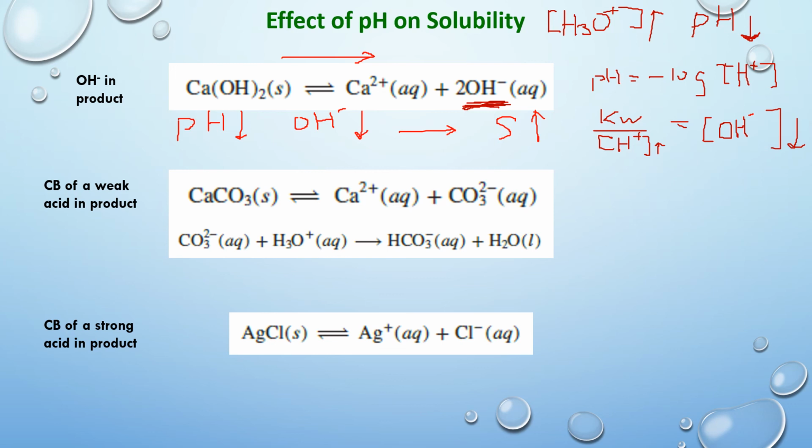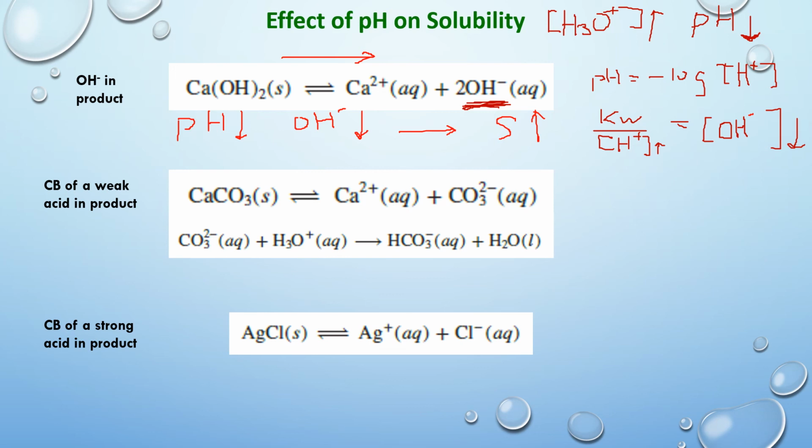For the second example, a metal bound to the conjugate base of a weak acid. For an ionic compound containing the conjugate base of a weak acid, its solubility is also affected by the pH. In this case, we have calcium carbonate.